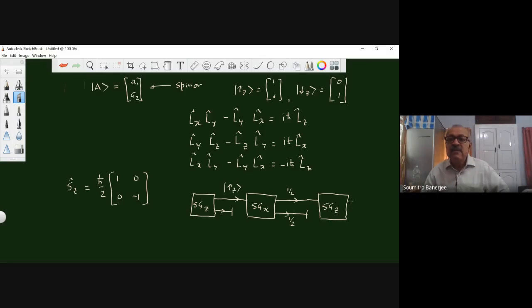Then you will find that again it will be half and half, which means that even though it was prepared in the up z direction, when it is again prepared in the up x direction, that means you make an observation here, and the moment you block off, you essentially have made the observation that it just collapsed to the state up x direction.